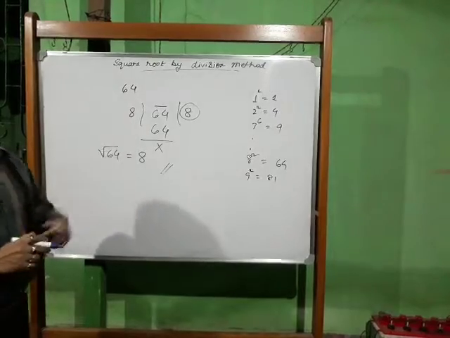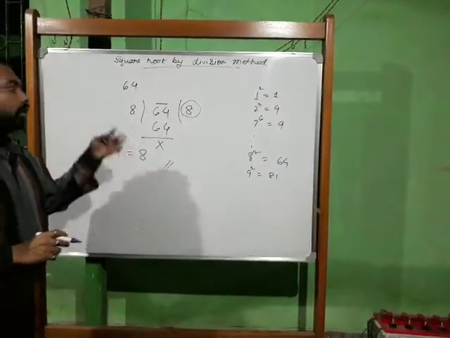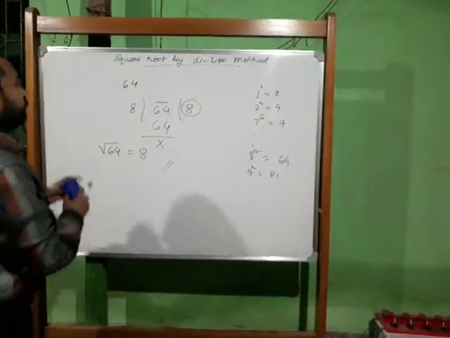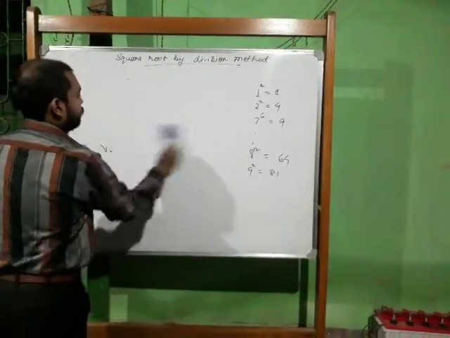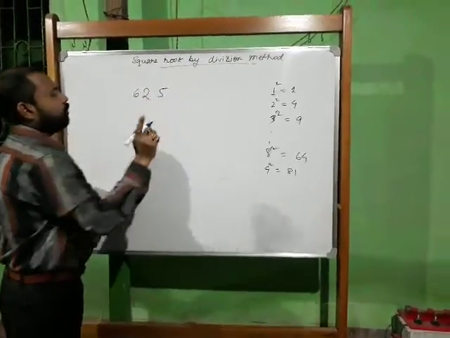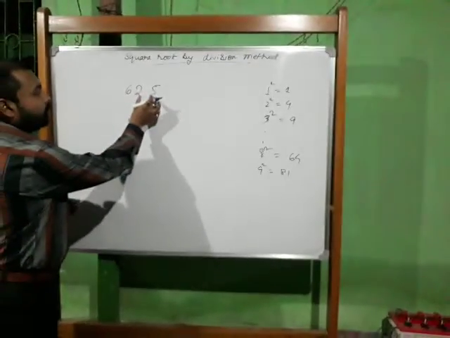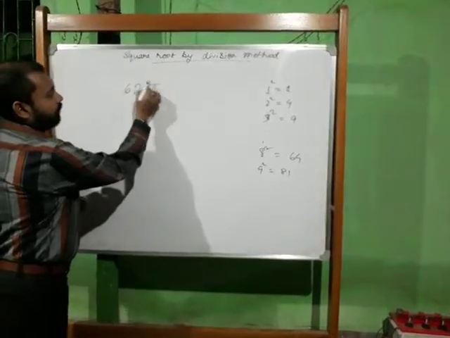This is about a 2 digit number. Let us take a 3 digit number, then it will be more clear to you. Let us take 625. At first you have to pair the number, and we do the pairing from the last.